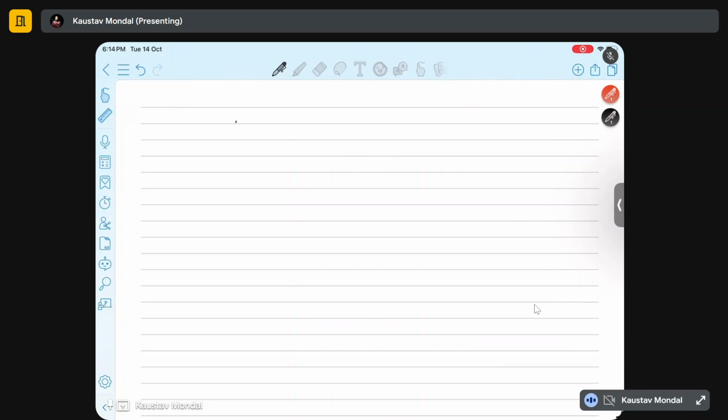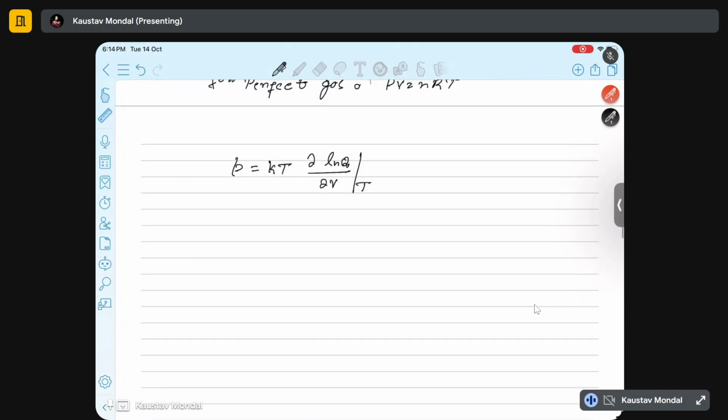The relation looks like this: P equal to kT into del of ln Q by del V at constant temperature. Now, suppose the system consists of N indistinguishable molecules, and the molecular partition function is denoted by small q.